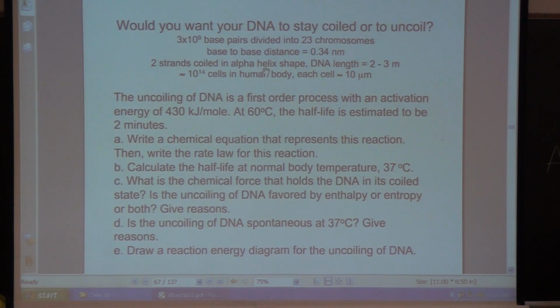If we stretched out those 2 strands, the length of a DNA strand would be 2 to 3 meters long. But this DNA molecule is in each cell in our body, and there are 10 to the 14th cells in our body. Each cell is 10 microns. So we've got a lot of DNA crammed into that little volume.